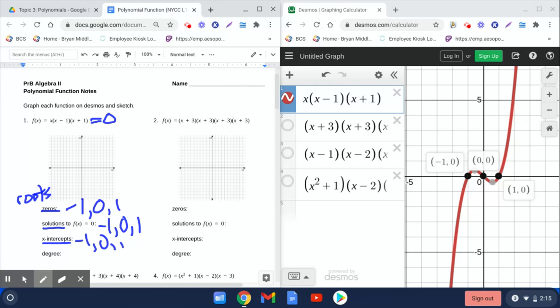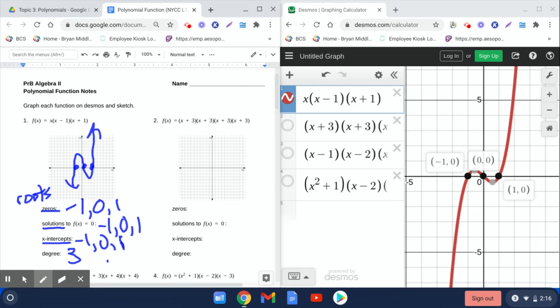And then the other thing that we want to talk about with this function is its degree. If we were to FOIL this whole thing out and distribute the x, which we are not going to do because we don't need to, the degree would be degree 3. So notice this degree 3 has 3 roots, and it looks like that.